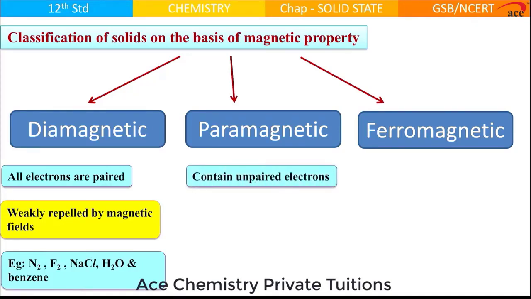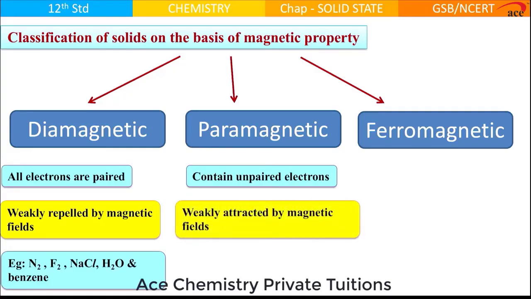What are paramagnetic substances? Some electron spin remains unbalanced or is not completely cancelled, then such substances are weakly attracted towards a magnet or magnetic field. Example, O2, oxygen, which was explained as paramagnetic in 11th standard under molecular orbital theory.